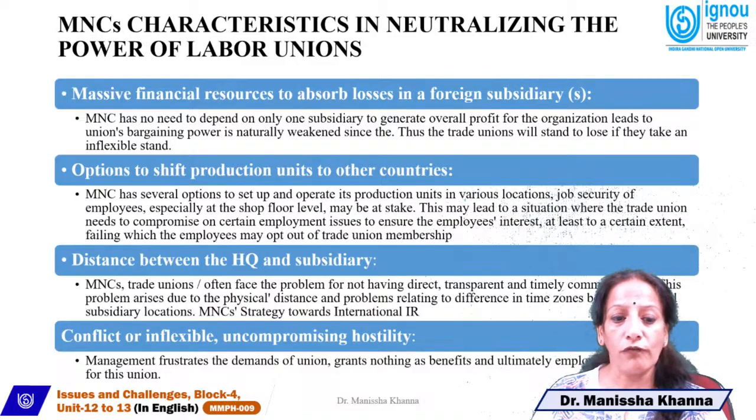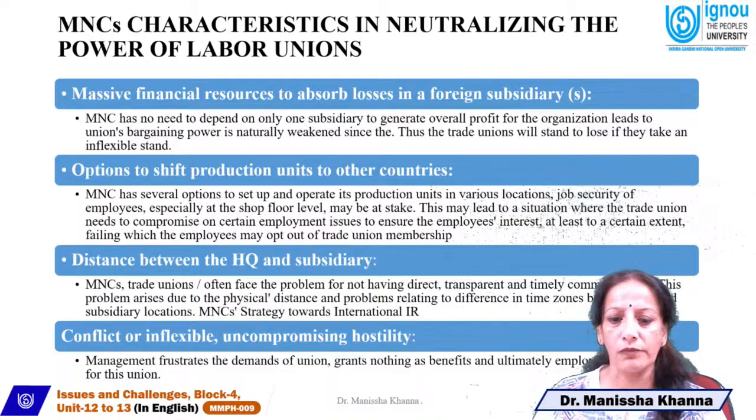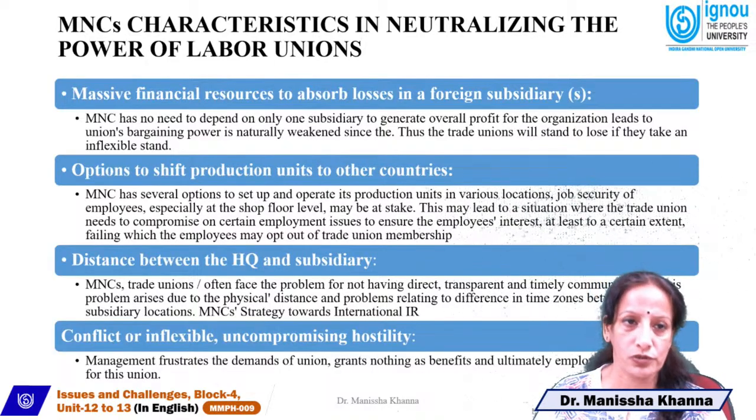Fourth is the conflict, or inflexible, uncompromising hostility. Management sometimes frustrates the demands of unions. They grant nothing as benefits, and ultimately employees do not vote for this union.